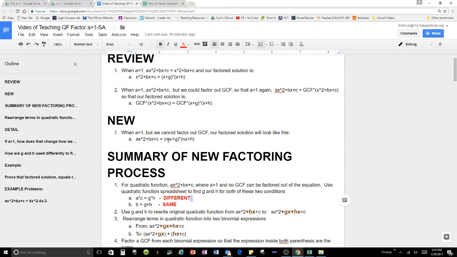But now we're going to have numbers in front of x in our binomial expressions. Previously, we only had 1s in front of x. And so that's the primary difference.